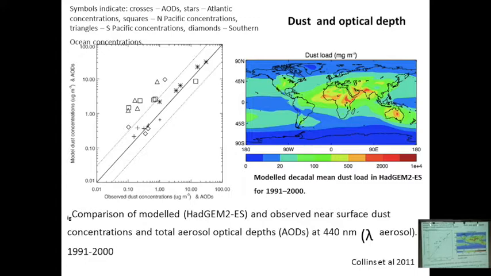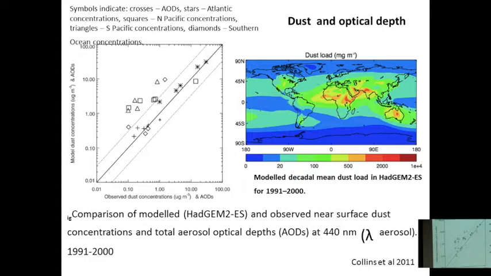So if there is too much dust or pollution in the air, this depth is large as well. So here's a comparison of the model here and the observation here. And if these results are close to this line, the model is very similar to the observation.